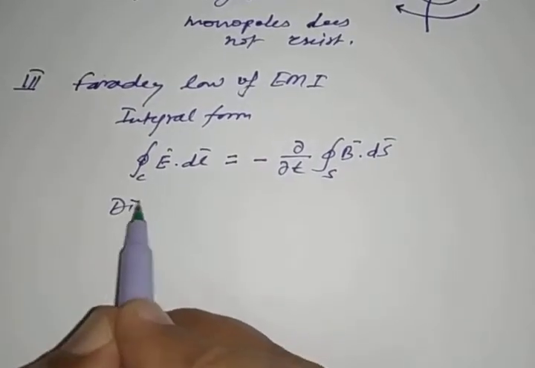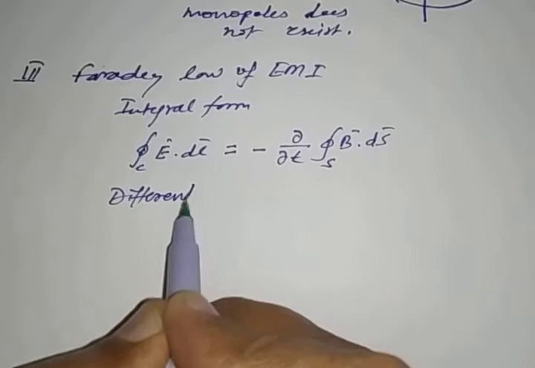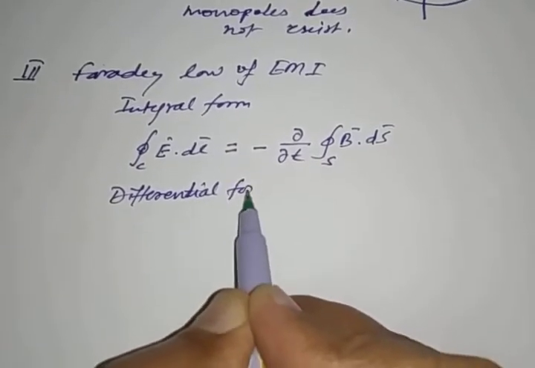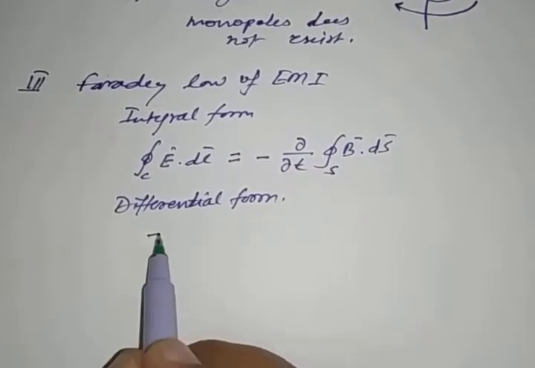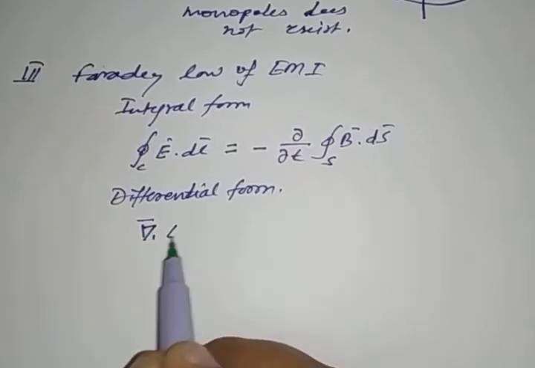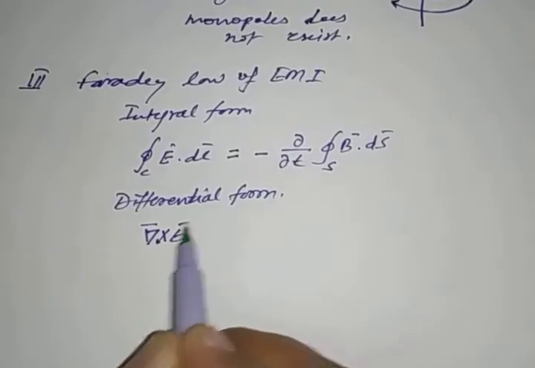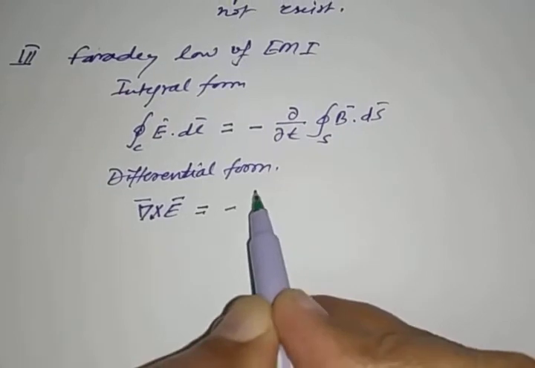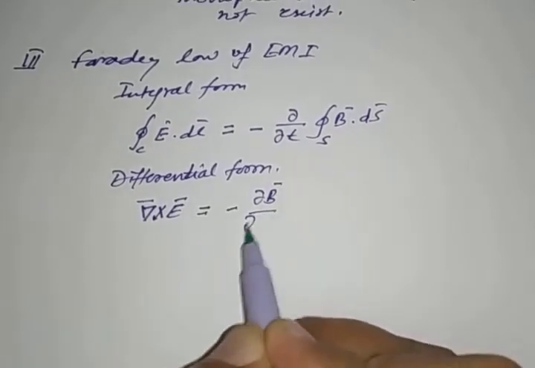And the differential form comes out to be del cross E is equal to minus del B by del t.